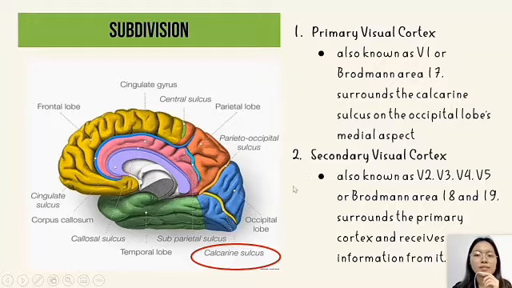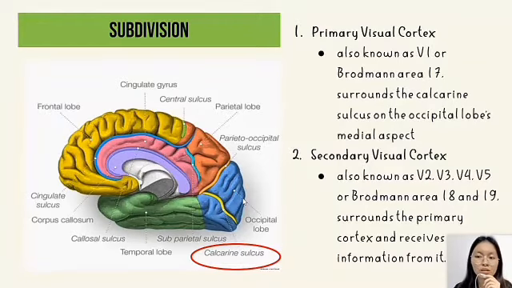In other words, the primary visual cortex is located at the lower bank and upper bank of the calcarine sulcus. Meanwhile, the secondary visual cortex, also known as V2, V3, V4, V5, or Brodmann areas 18 and 19, surrounds the primary cortex and receives information from it.